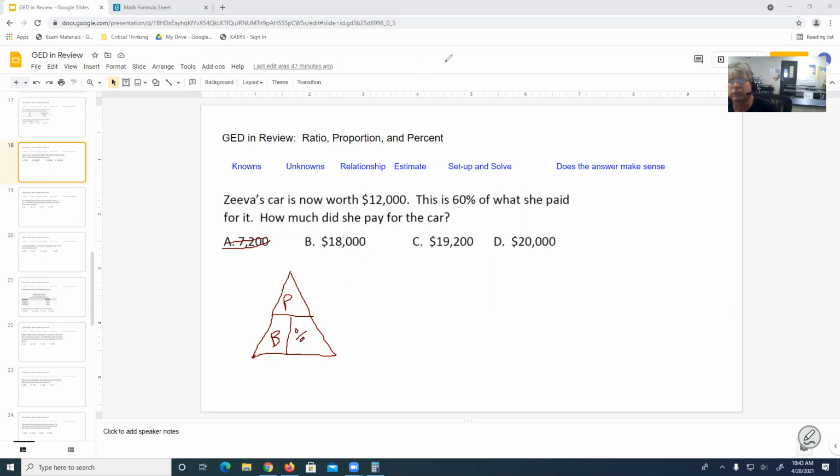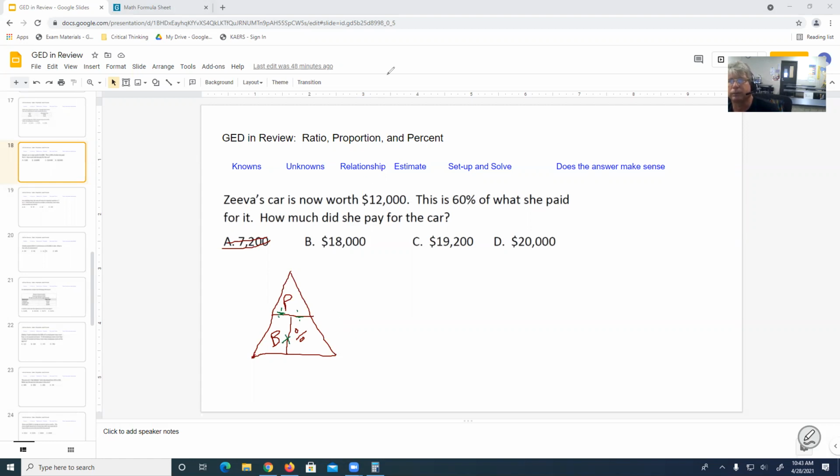The relationship in this is the part and the base will be related by division. If you divide the part by the base, that's going to give you the percent. If you divide the part by the percent, that's going to allow you to find the base. And if you multiply the base times the percent, that's going to allow you to find the part.